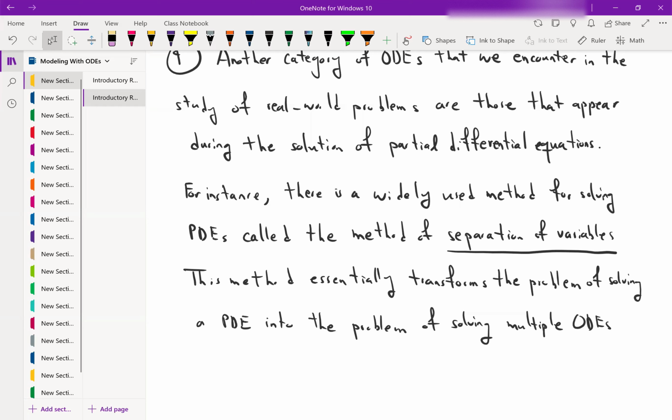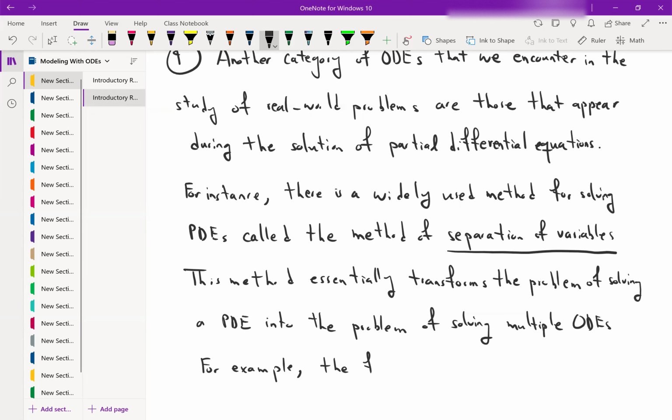Again, let me be even more specific about this. For example, the famous Bessel's equation is one of the famous ODEs that people study in any serious introduction to ODEs.